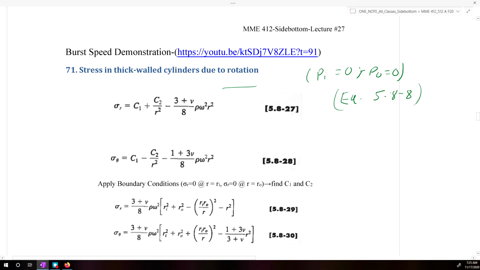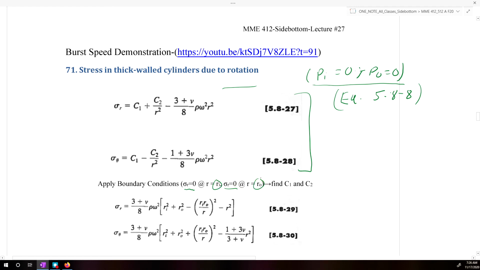Our solution to that equation would be these equations here. Because we know that there's no external or internal pressure within our thick-walled cylinder, we can say that the radial stress must be 0 at both the inner radius and the outer radius.